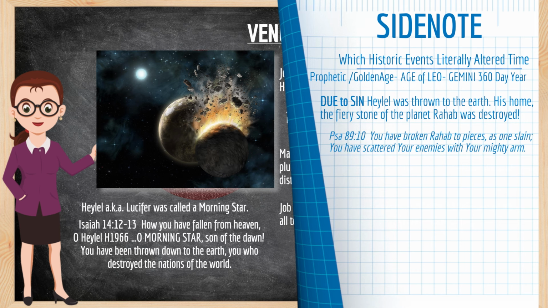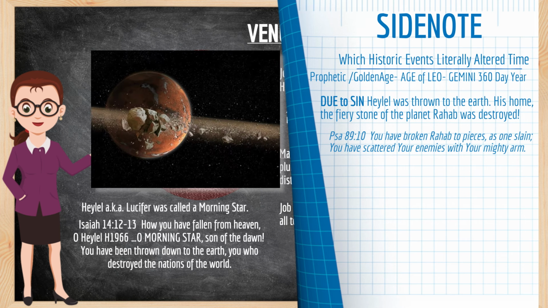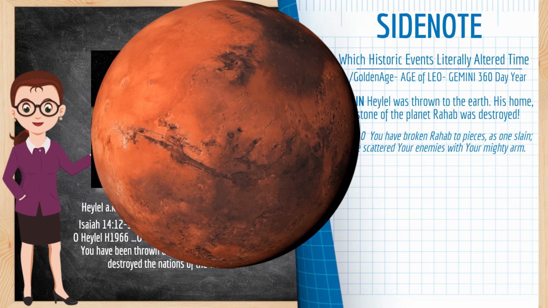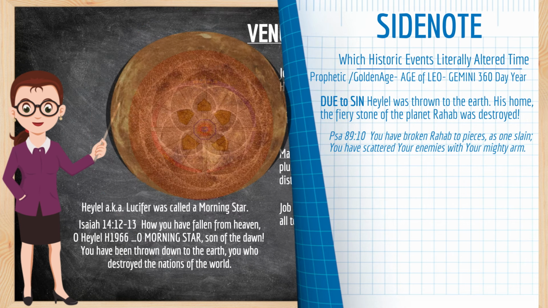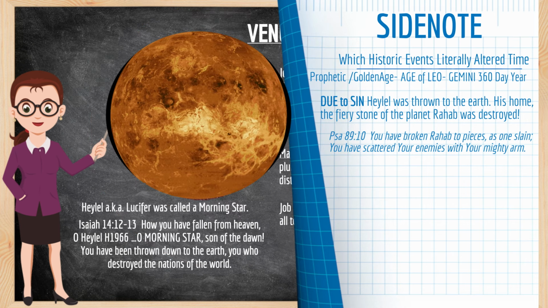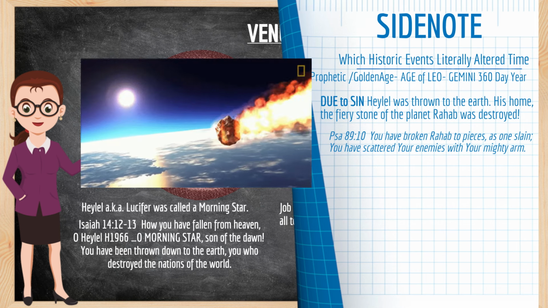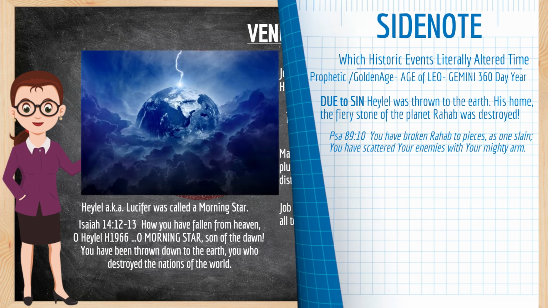Psalms 89:10. "You have broken Rahab to pieces, as one slain. You have scattered your enemies with your mighty arm." So this sent debris through the heavens, not only creating the asteroid belt we have today, but scarring Mars. We've all seen pictures of this big scar on Mars, reversing Venus's rotation, and slamming debris into Earth, causing the Earth to become dark and lifeless.